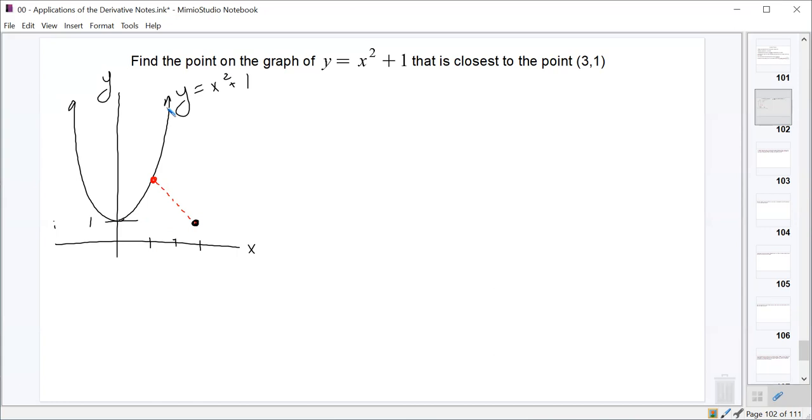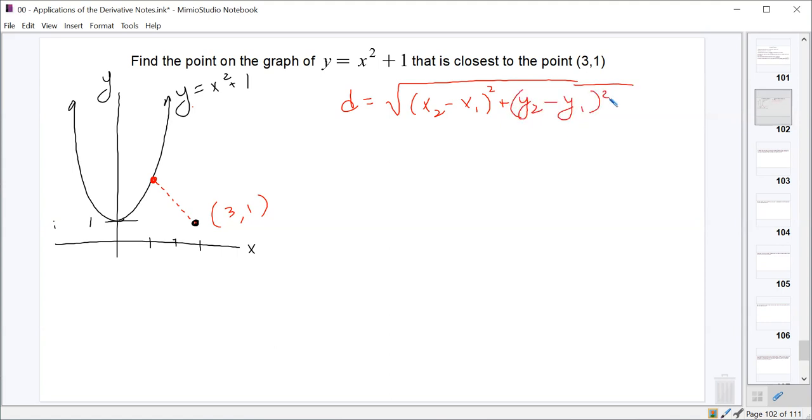What we need to do then is think about a generic formula that's going to represent the distance between the point (3, 1) and the function y equals x squared plus 1. When we're talking about distance in a coordinate plane, we usually want to use the distance formula. Just to remind ourselves, distance equals the square root of (x2 minus x1) squared plus (y2 minus y1) squared.